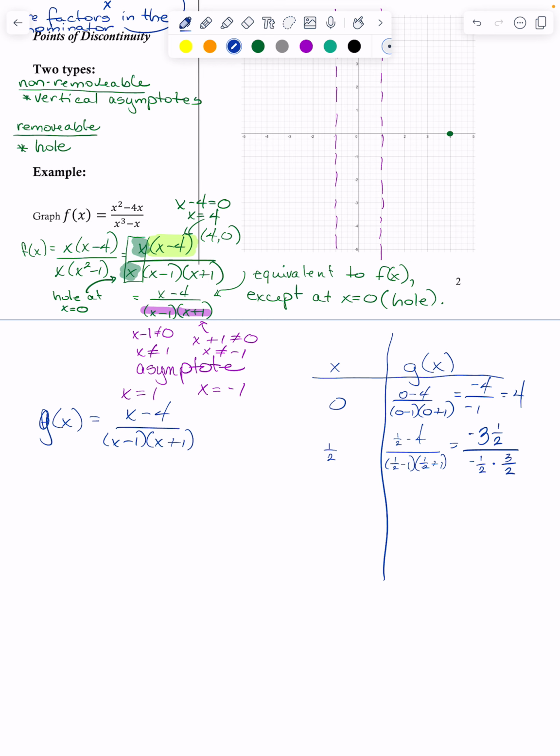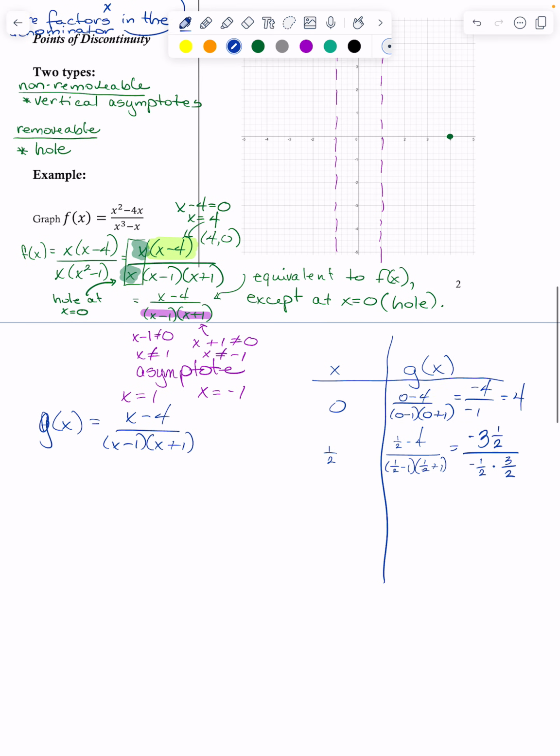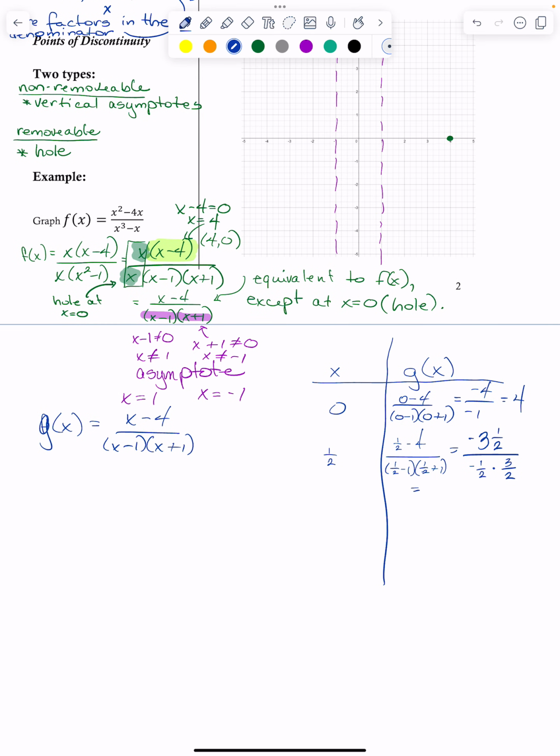Now, here's what else I know looking at my graph. I know that this cannot go down because then it would cross my asymptote. We haven't really talked about horizontal asymptotes, so let me back this up really quick and fill in this number. I got negative 7/2 divided by negative 3/4.